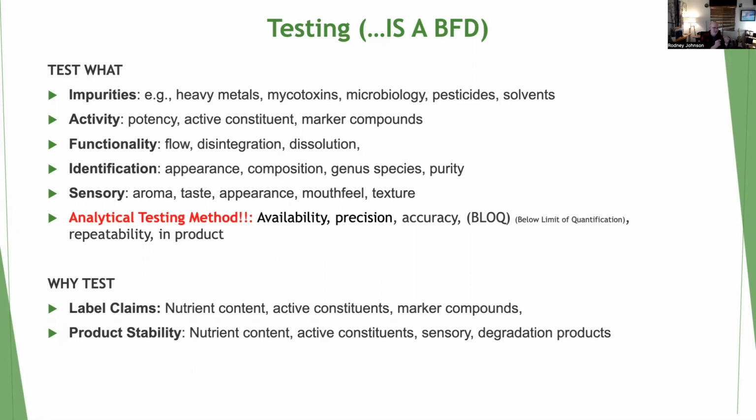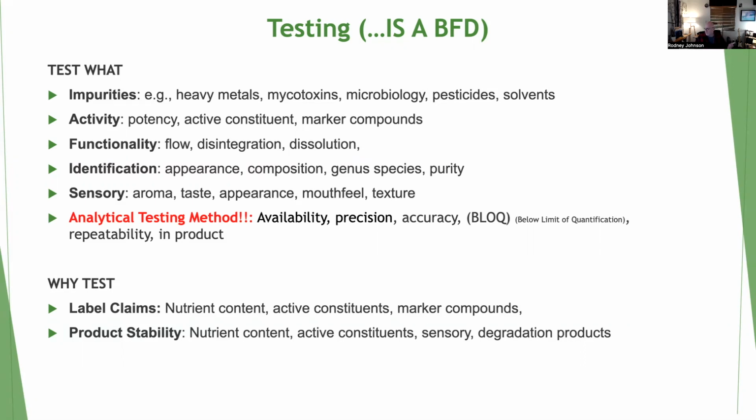It has to have the right active constituents or marker compounds, compounds that represent the activity that can be measured. In the case of tablets, you want to look at the flow of the powder to make a tablet, and then disintegration and dissolution or dissolving of the tablet or capsule or soft gel, ultimately so that it is dissolved in the gut and actually can be assimilated.